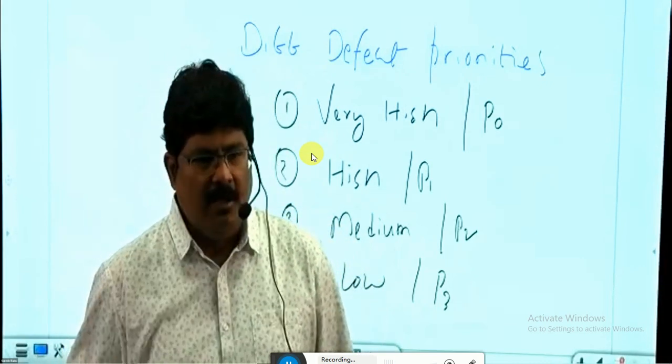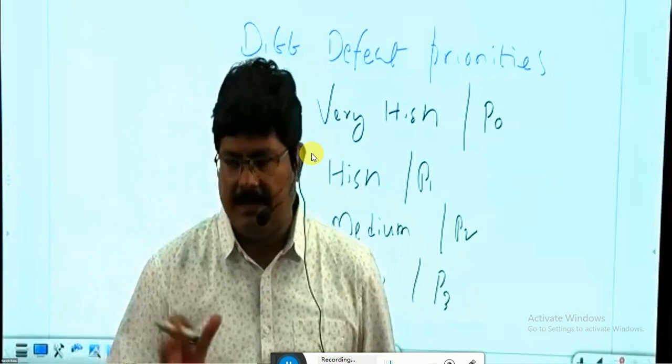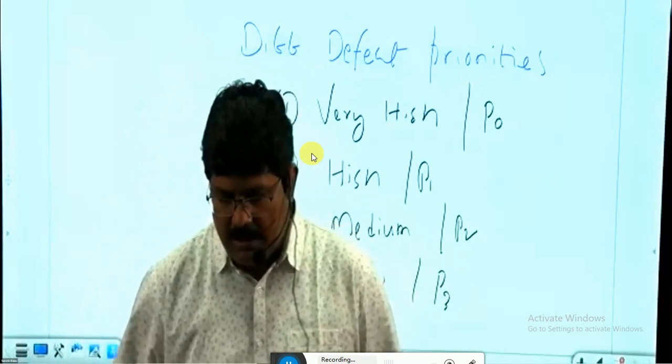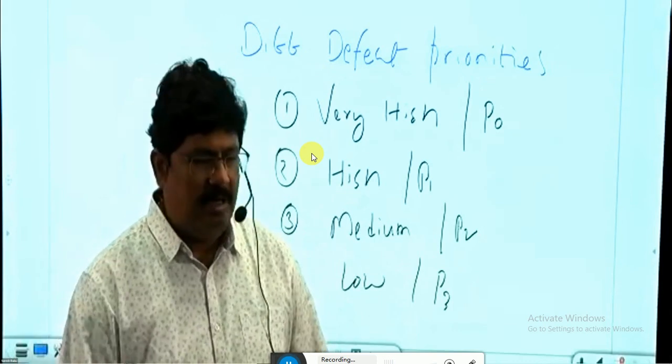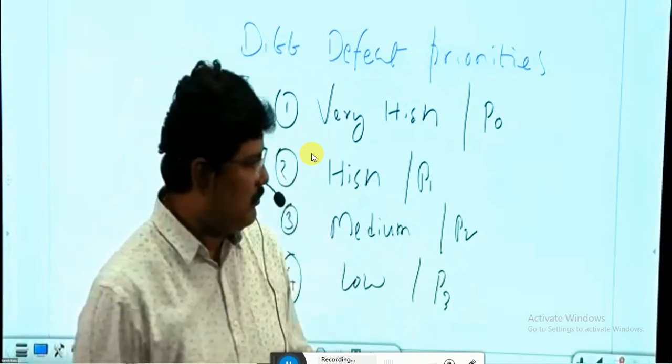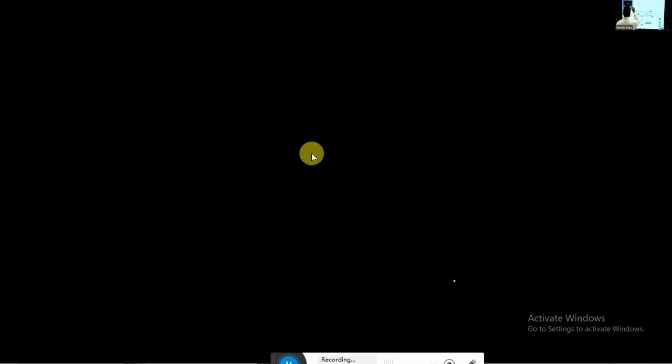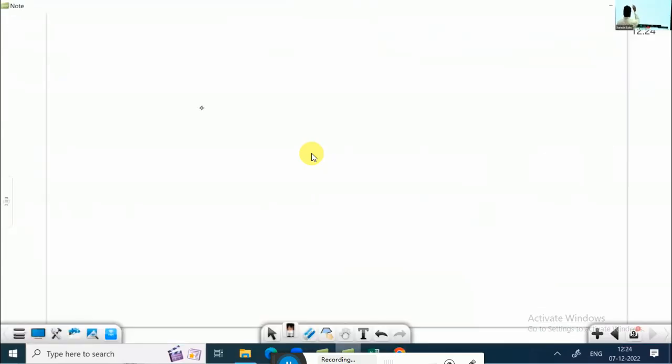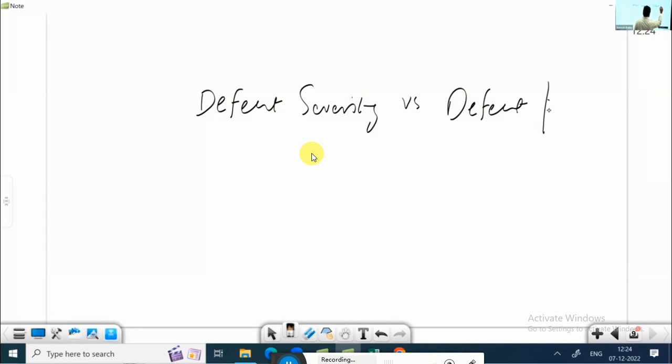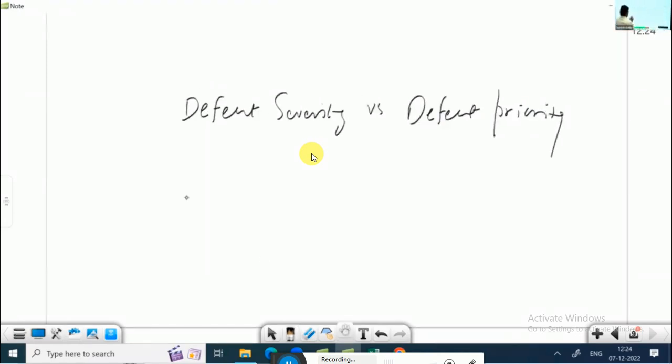Let me explain how severities and priorities are connected. Make a note. Defect severity versus how it is connected with defect priority. Make a note.